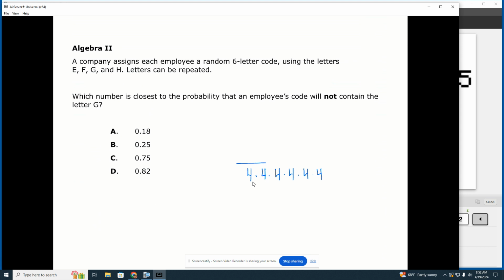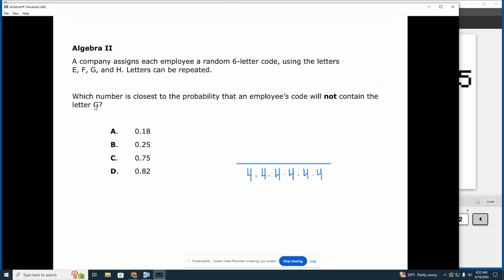Remember, total possibilities is on the bottom of any of our probability fractions. Since I could get a 6-letter code with 4 different letters, and letters can be repeated, I could have gotten 4 times 4 times 4 times 4 times 4 times 4 as my total possibilities.